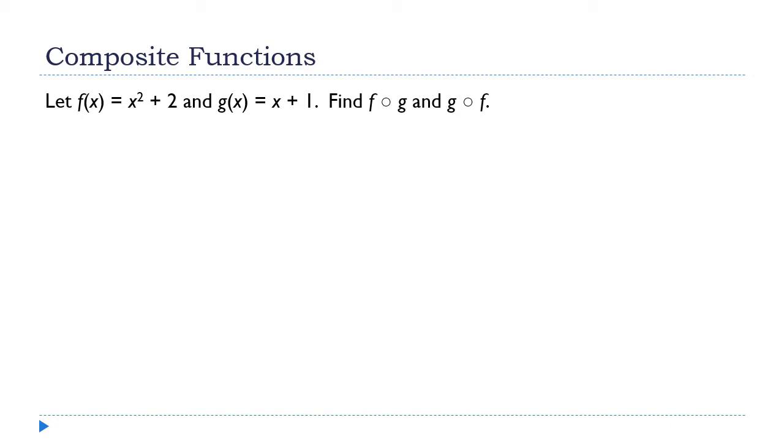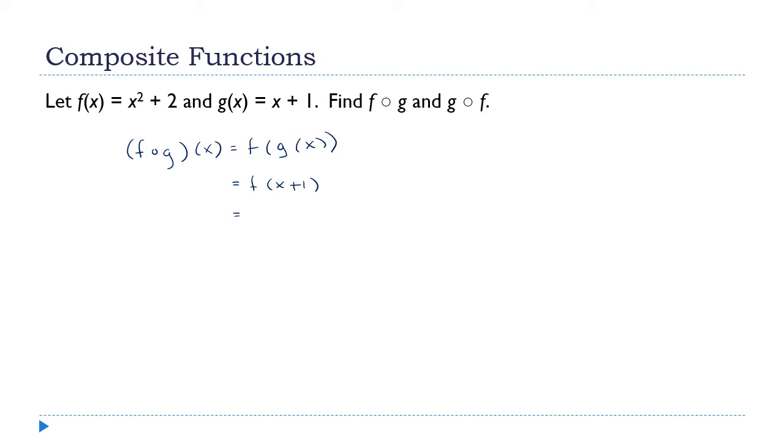I have these two functions, f and g, and I want to know first what is f of g of x. Well, anytime I see this, the first thing I do is I rewrite it this way, because this way makes sense to me. Now it's clear exactly what I need to do. I'm going to substitute the g of x formula, that's x plus 1, into the f of x formula.